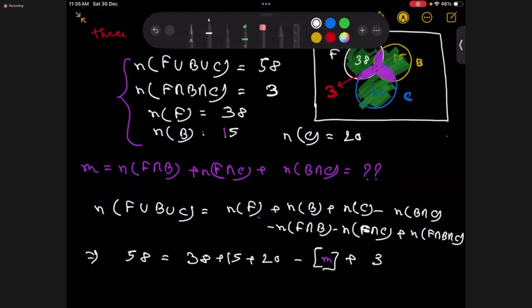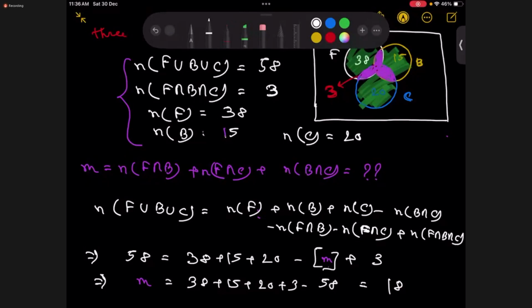So minus m, this m equals 38 plus 15 plus 20 plus 3 minus 58. So this is nothing but 18.